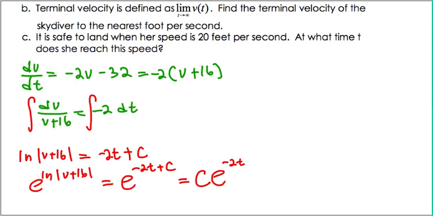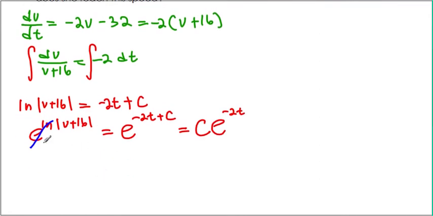Then these two, e and ln, they cancel each other out. We end up having the absolute value of that. Then we get the absolute value of v plus 16 equal to c times e to the negative 2t. Now, we can technically take out the absolute value because the only difference will be whether c is positive or negative.